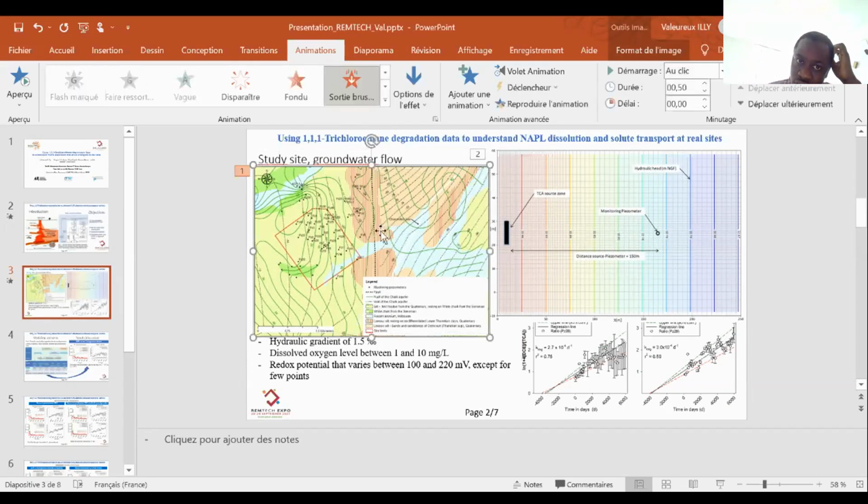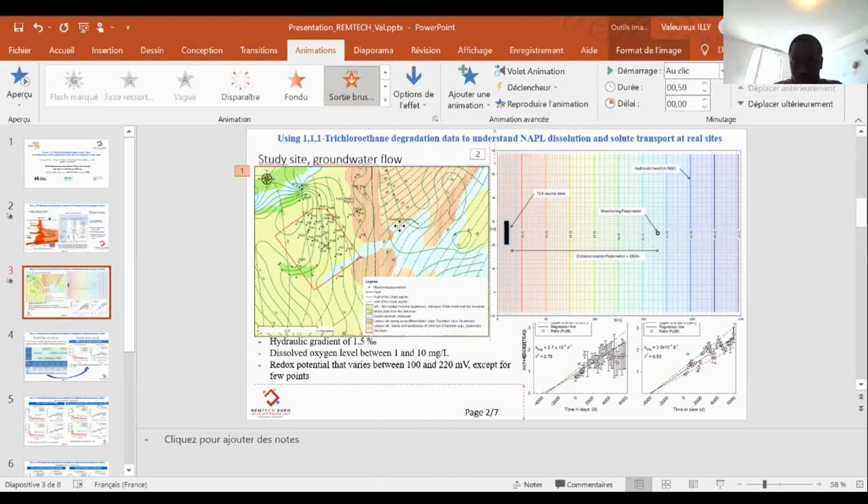As a consequence of this usage, we had a contamination in the groundwater long ago, but we still have concentration in the water.